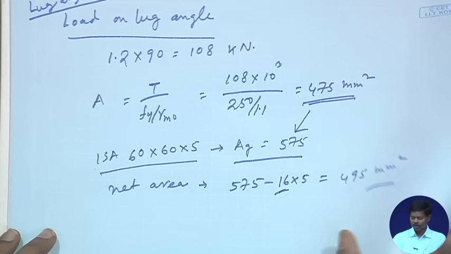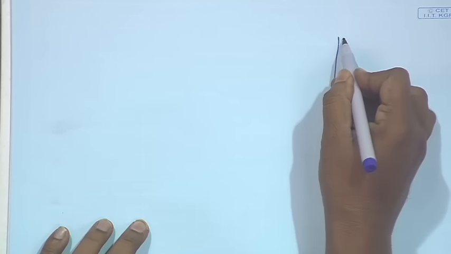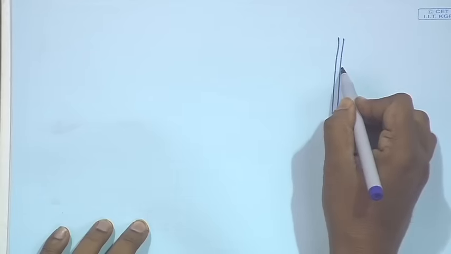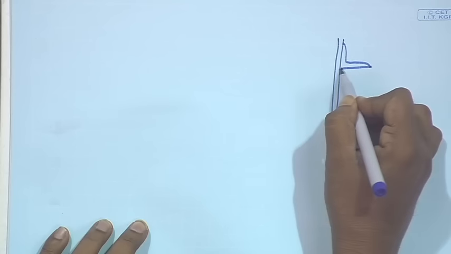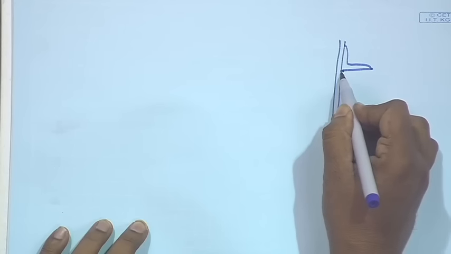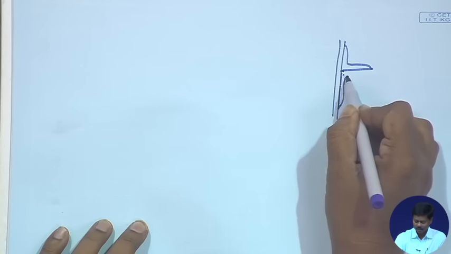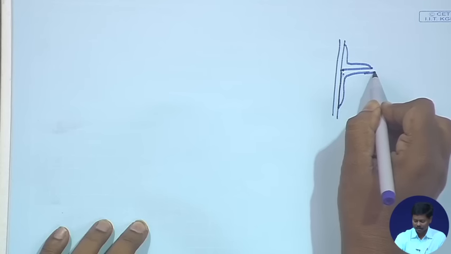Now, we will do the connection between lug angle and gusset plate, because if this is a gusset plate and if we consider this as lug angle and if we consider this as main angle, right.